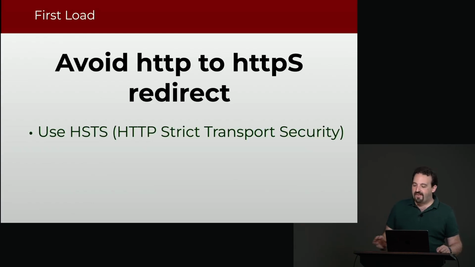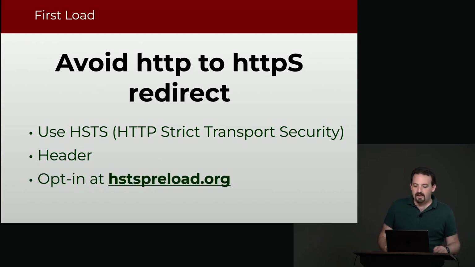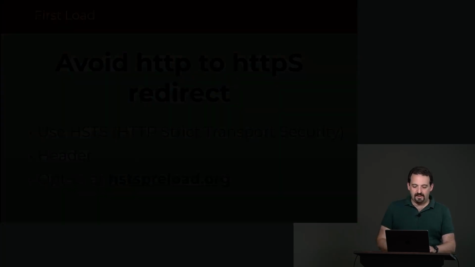So for a long time, browsers were using something known as HSTS, HTTP Strict Transport Security, which is just a header that you can add in your website, and you can opt in within that URL. Let me explain what that is.